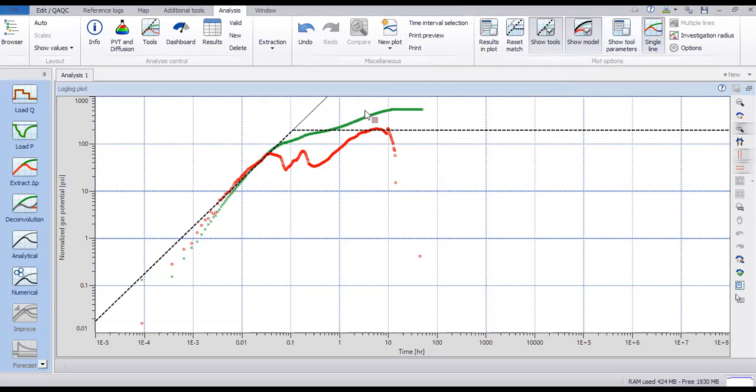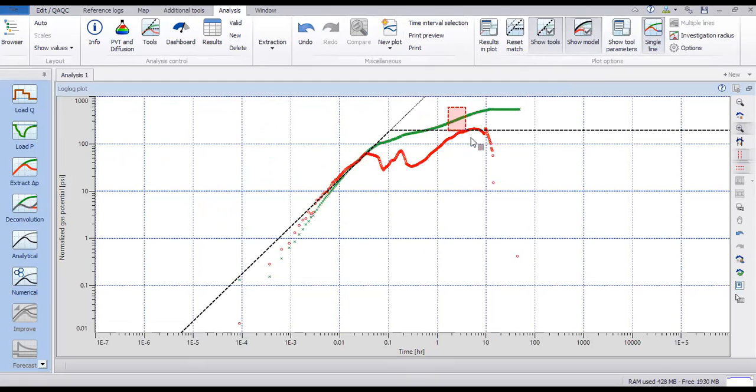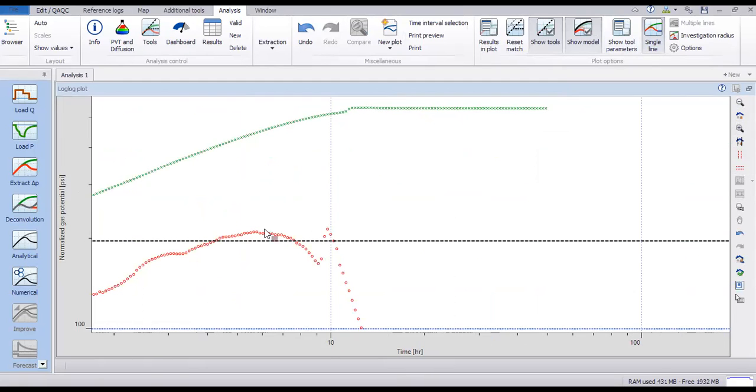Okay, maximize. Yep, I'm going to put my single line here. I will assume the radial flow happens in that period.